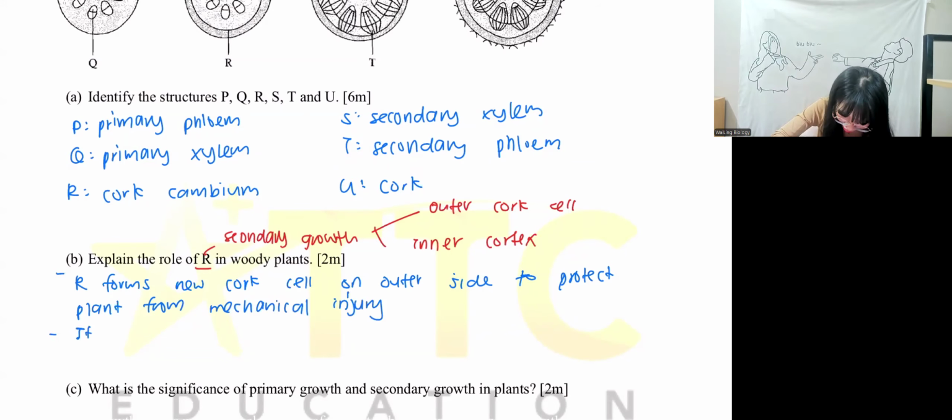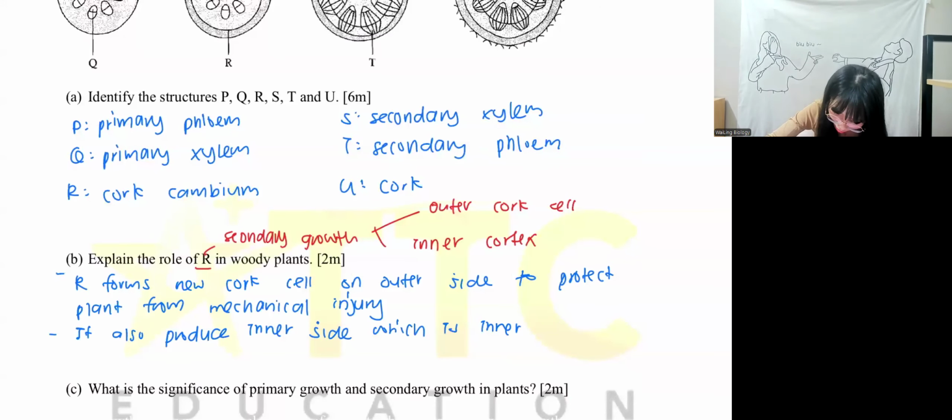And then next, it also produces inner side, which is inner cortex, that enables plant to increase in diameter.